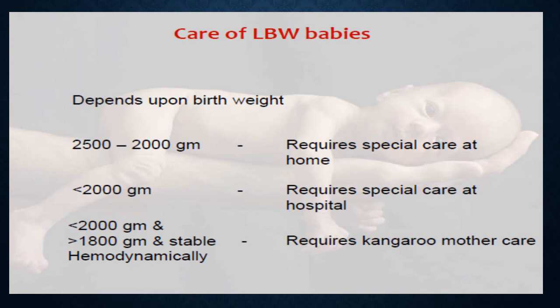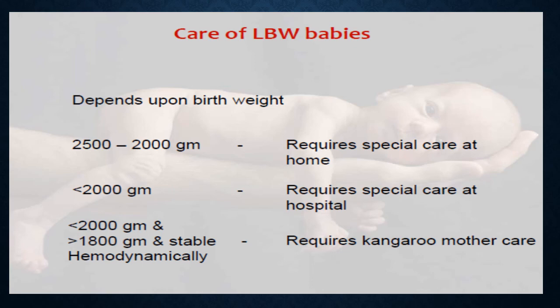While putting a plan for low birth weight babies, depending on the birth weight, you can categorize them into 3 categories. The first one is low birth weight requiring special care at home. Less than 2 kilograms requires special care at hospital.